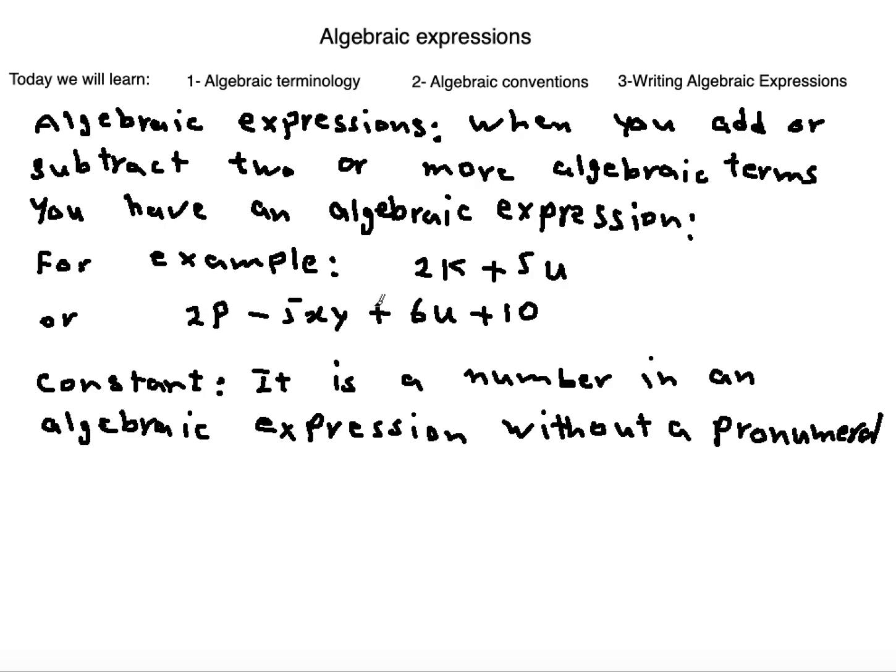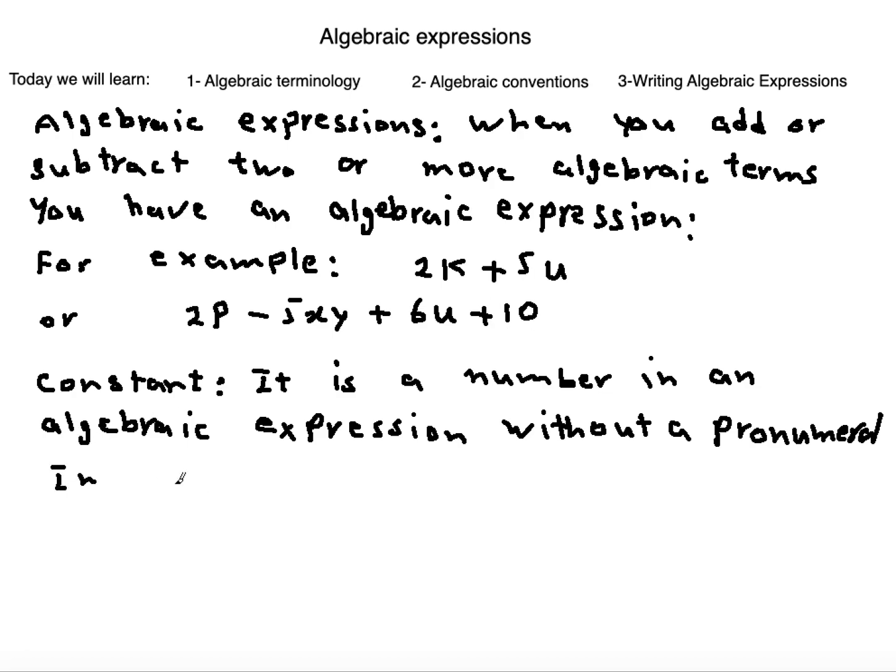Here, in this algebraic expression, 10 is a constant because 6u has a pronumeral, 5xy has pronumerals, 2p has a pronumeral. So these all have letters or pronumerals except for 10, which doesn't have any pronumeral. So that's called a constant.